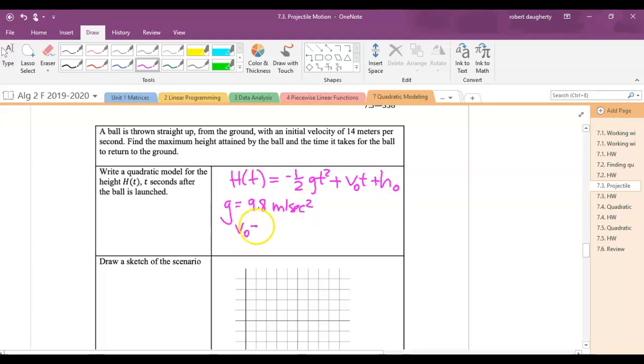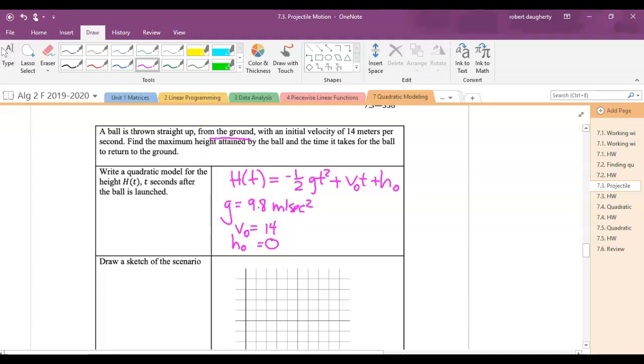Is it 14 or negative 14? Well, which way am I going? I'm going up, it's 14. If this problem had been throwing it down, it'd be negative 14. What's the initial height? It says from the ground, so we assume that the ground is height 0.